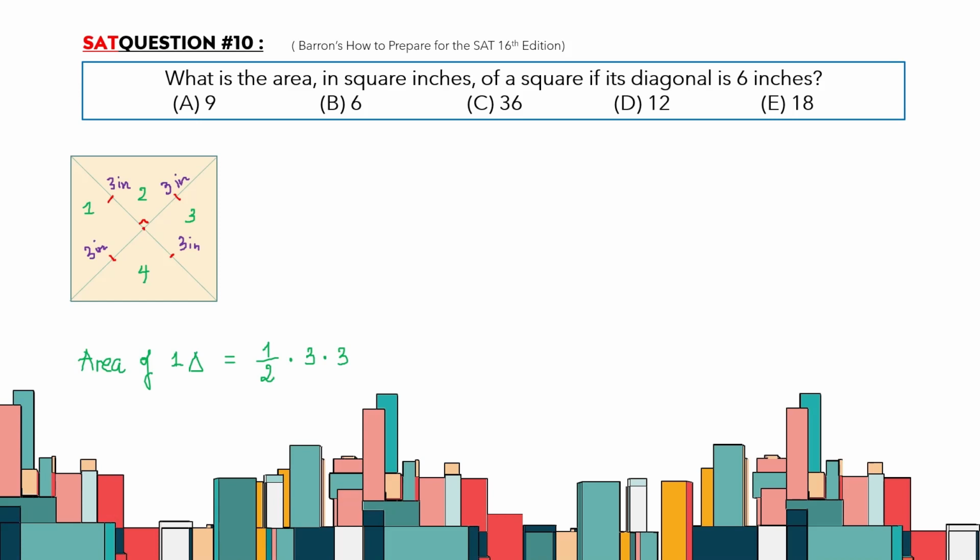And we have 4 in total, so we multiply by 4 to get the whole area.